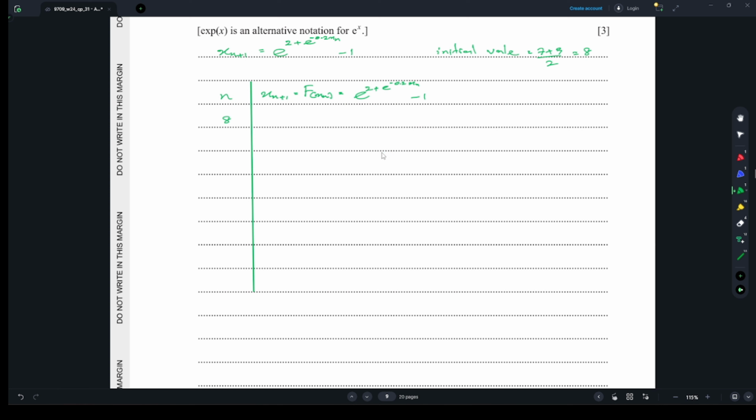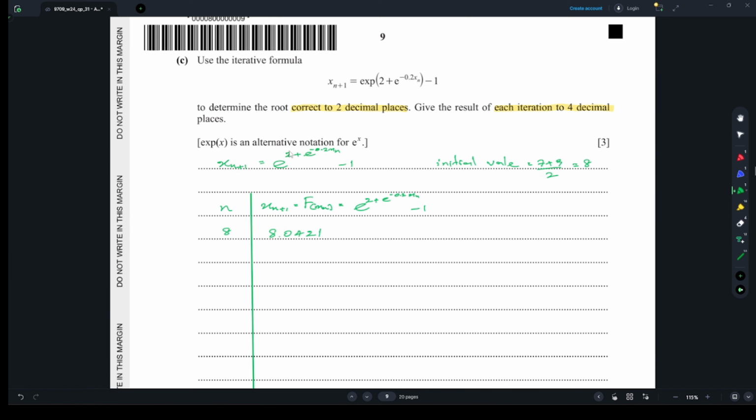Okay, and you have to use the calculator and find the answer when you substitute 8. So when you substitute 8, you will receive 8.4041. Okay, and then, as they are saying, the correct answer should be to two decimal places.